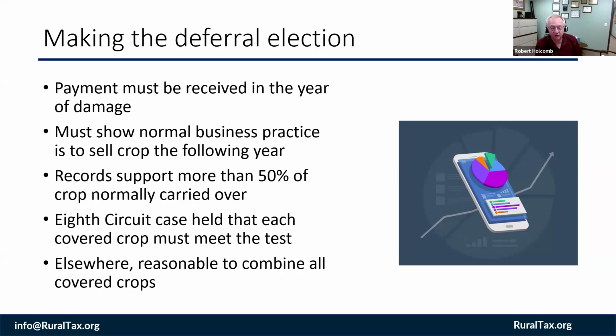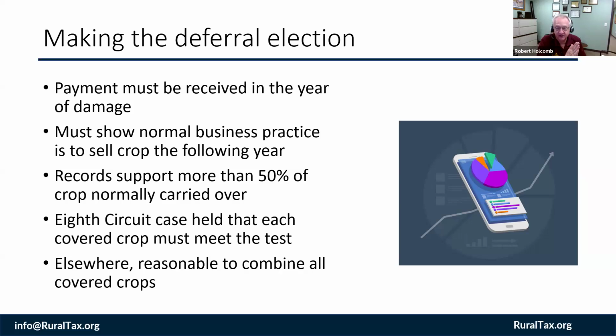If the answer is yes for all three crops, then we're okay to defer. But we need to meet the 50% for each individual commodity. If one commodity doesn't meet the 50% test, it poisons the well and we're not able to defer at all. This is an all or none type of option. I don't necessarily agree with this interpretation, but this is what we have to deal with.